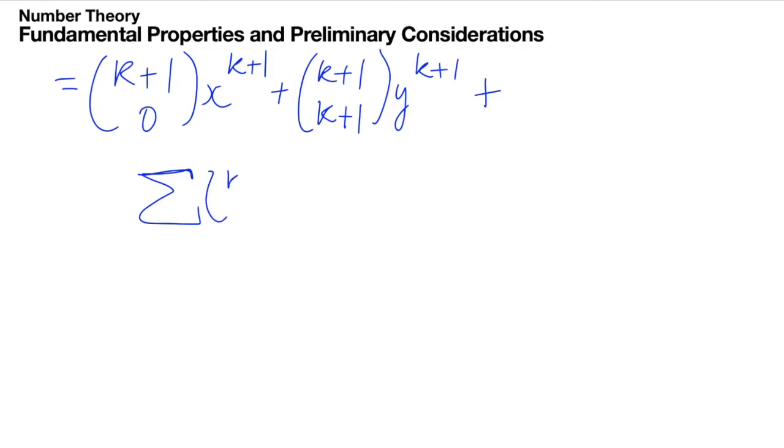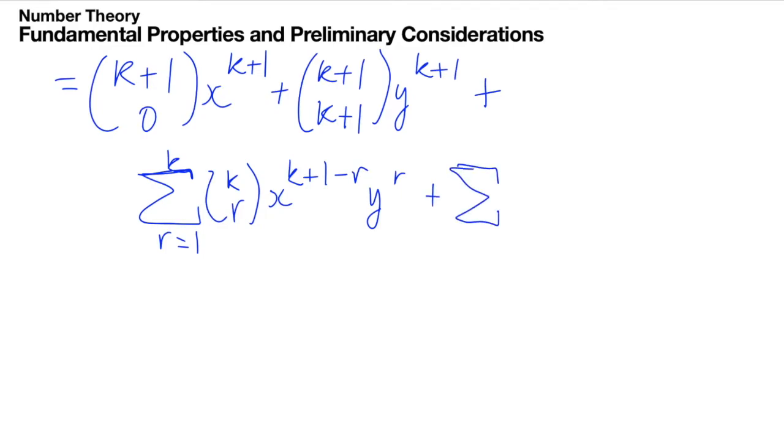Summation of k choose r, x raised to k plus 1 minus r, y raised to r, running from 1 to k, plus the summation of k choose r minus 1, x raised to k plus 1 minus r, y raised to r, for all r running from 1 to k.